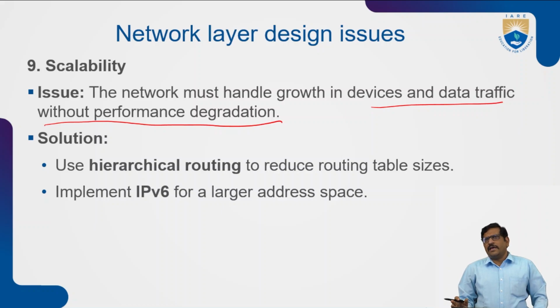Because data handling depends upon the growth of the network and the devices, and it is based on scalability. If it is not properly identified and addressed, this issue can arise. The solution for this one is using hierarchical routing.